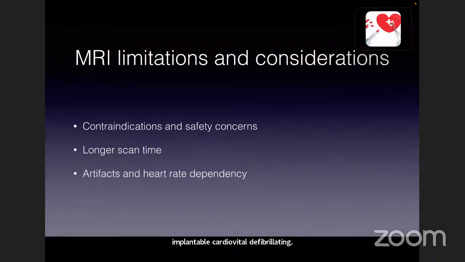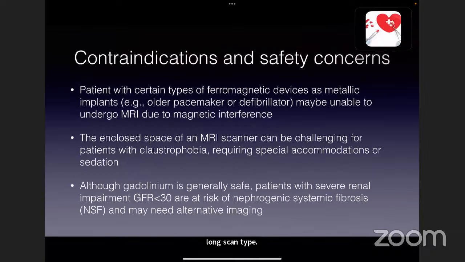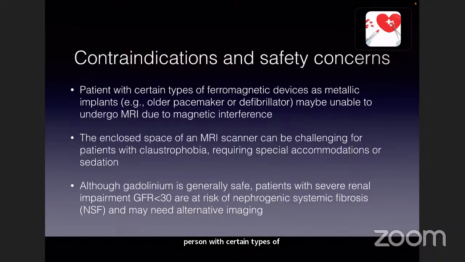Limitations, contraindications and safety concerns: long scan time, artifacts and heart rate dependency. Patients with certain types of ferromagnetic device or metallic implant, for example a pacemaker or defibrillator, may be unable to undergo MRI.